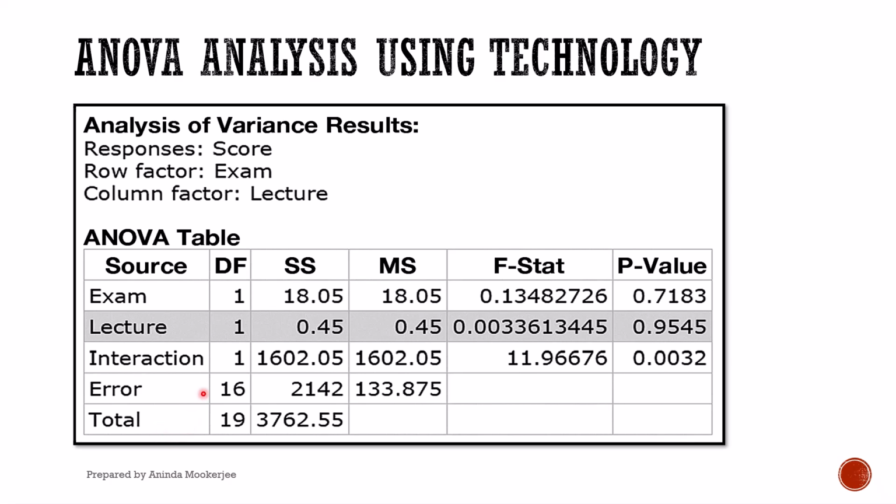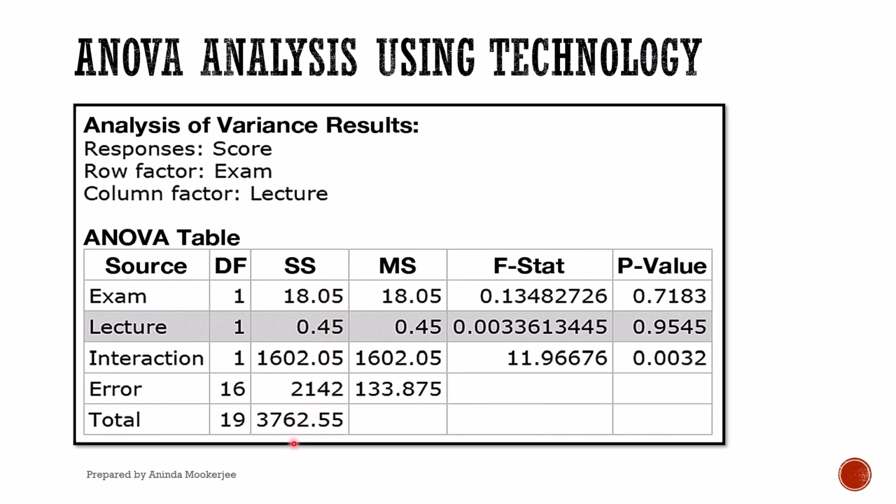The next column is the degrees of freedom. There's one for exam, lecture, interaction, error, and the total degrees of freedom is the sum of all the degrees of freedom above it. The next column is sum of squares, and there's a value for each of these rows: exam, lecture, interaction, and error.